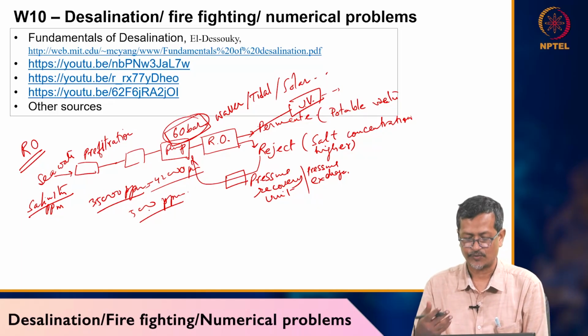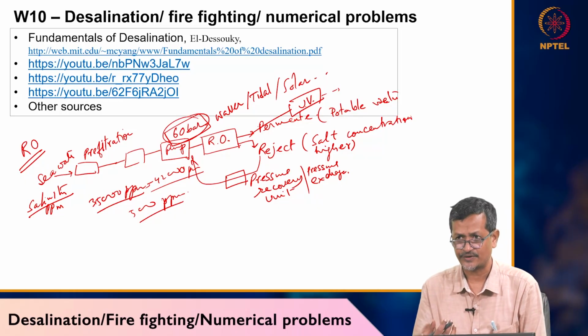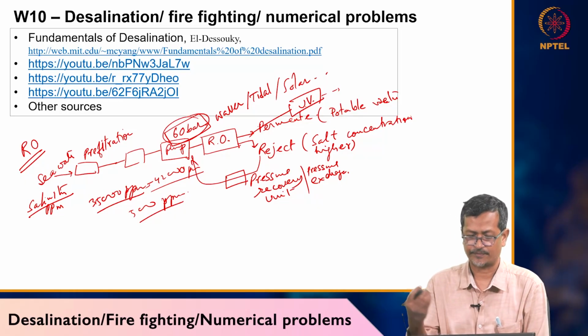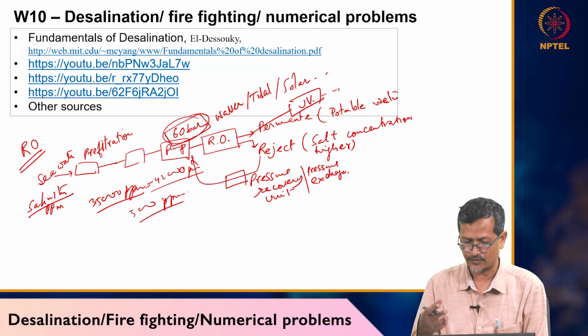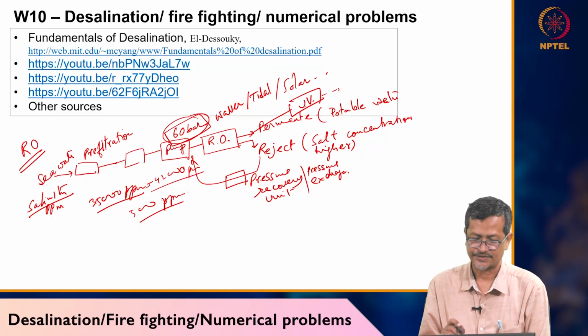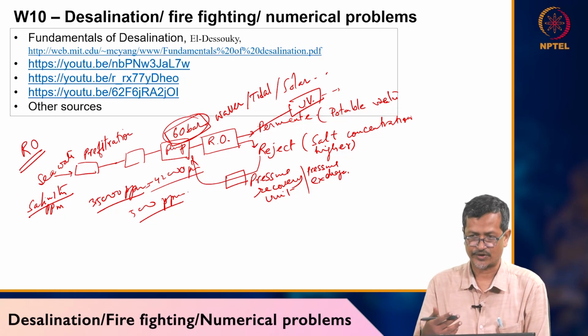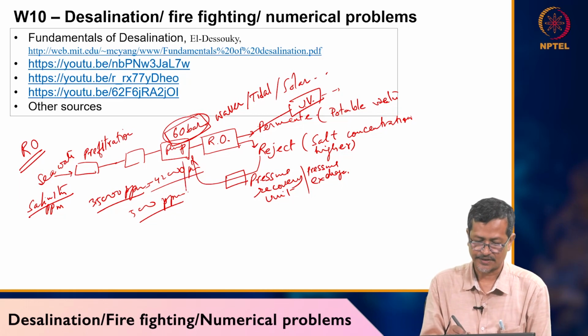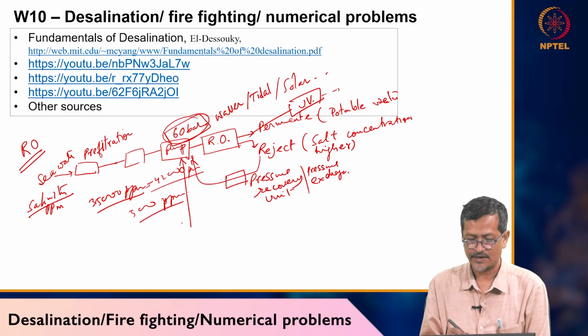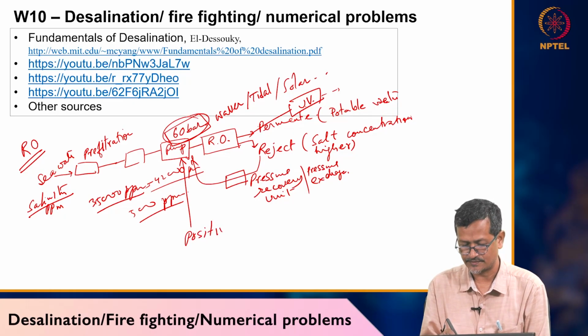There are different RO modules, and lots of new research is going on. New materials are coming up, for example nanoparticle based RO modules are available these days. If you are interested, you can go through the available literature for the latest RO modules and pumping systems, and what different pumps you can use. This is a very high pressure pump with a low flow rate normally, so normally you use a positive displacement type.